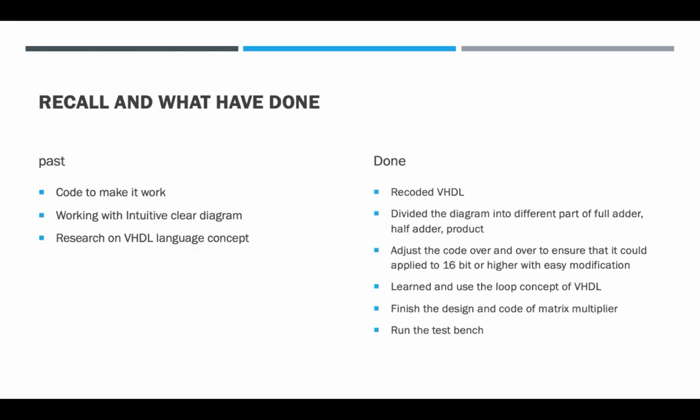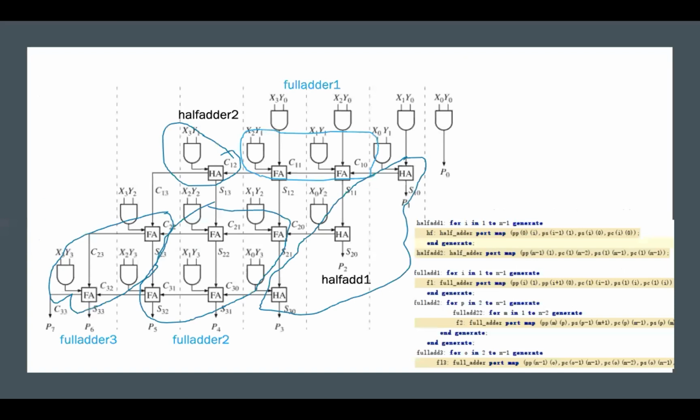And then I learned and used the loop concept of VHDL. I finished the design code for the matrix multiplier and ran the test bench. This is the work. I divided the diagram into 6 parts, into 2 major parts, a full adder and a half adder.